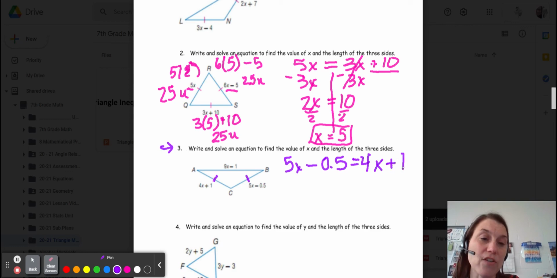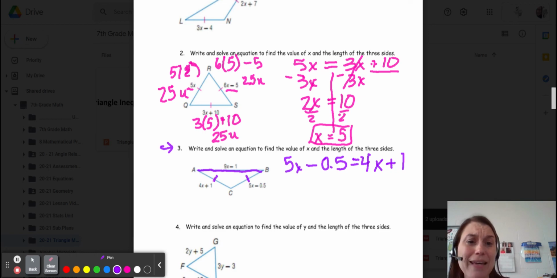So that's the equation that you're going to have to solve. The third side, 9x minus 1, that's side AB. That's a different length than the other 2. So once you know what x equals, you can substitute it in to find that side length, which should be longer than the other 2 sides.